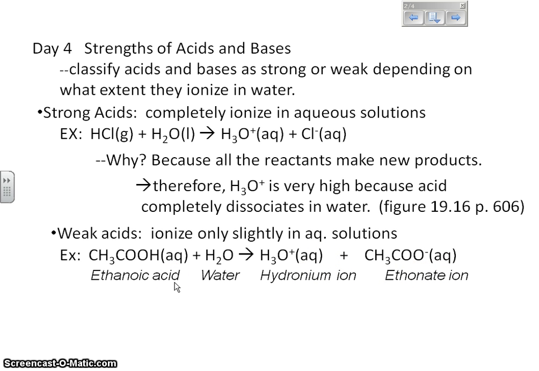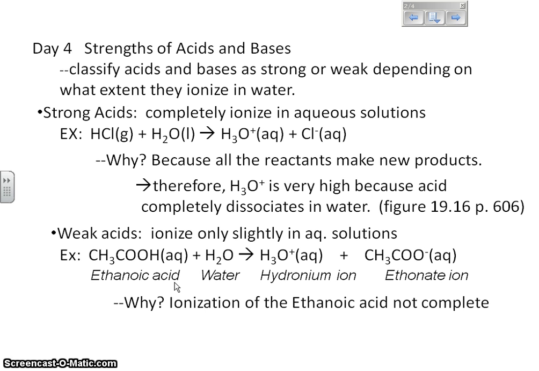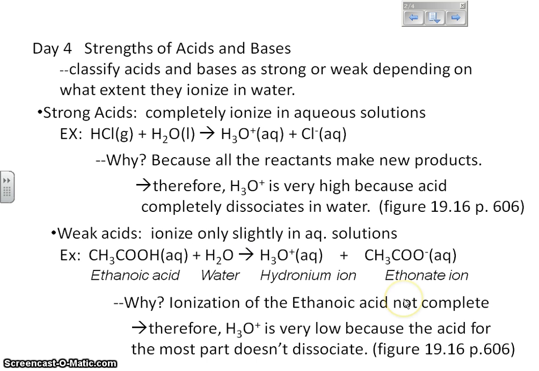So you can see some similarities there. The ionization of the ethanoic acid is not complete. Okay, we lost the hydrogen. All right. Therefore, the H3O is very low because the acid, for the most part, doesn't dissociate.